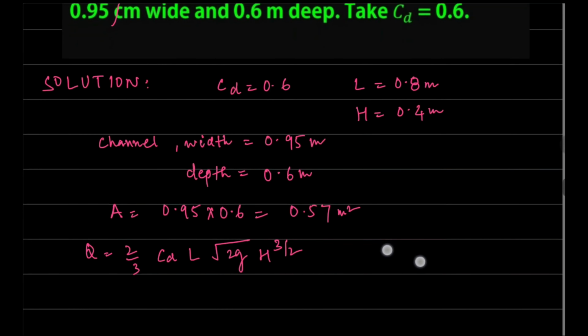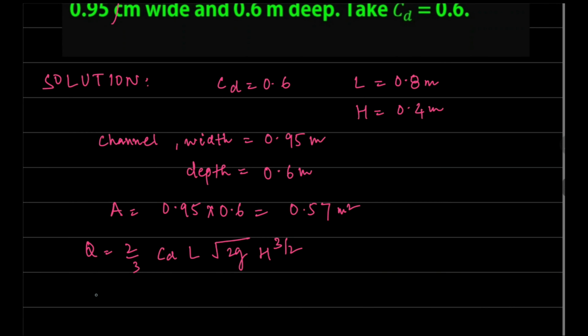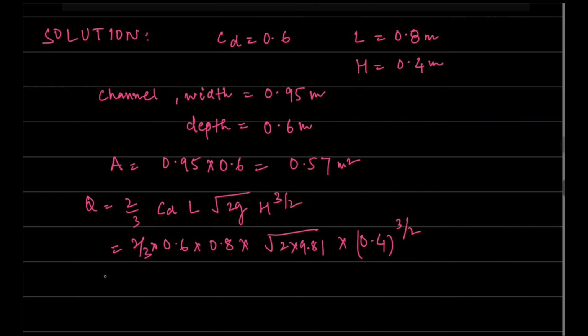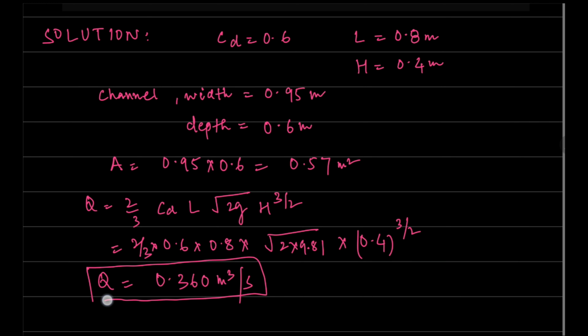If we put all the values, Q is 2 by 3, CD is 0.6, L is 0.8, multiplied by under root 2 times 9.81, multiplied by H raised to the power 3 by 2, so H is 0.4 raised to the power 3 by 2. If we simplify, this Q value will be 0.360 meter cube per second.